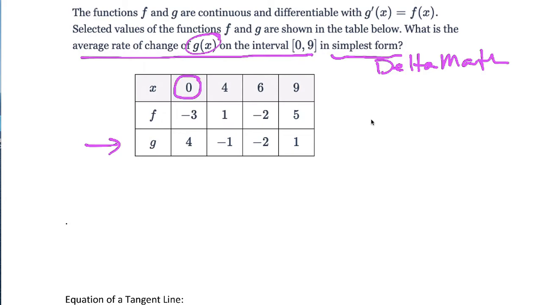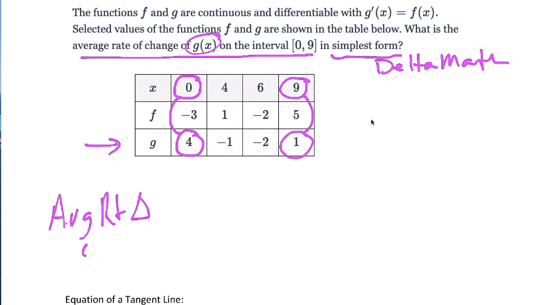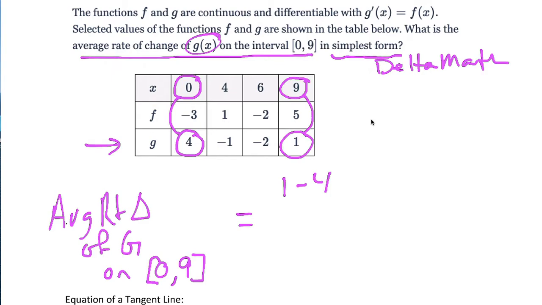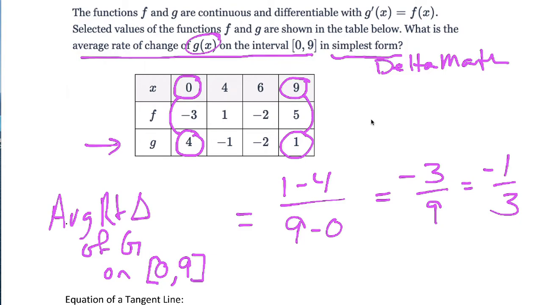If we go from 0, 4, that's a point, to 9, 1, that's another point, then the average rate of change of G on this interval, 0 to 9, would equal 1 minus 4 divided by 9 minus 0, or negative 3 over 9, or negative 1/3. So for the AP exam, this is all you want.